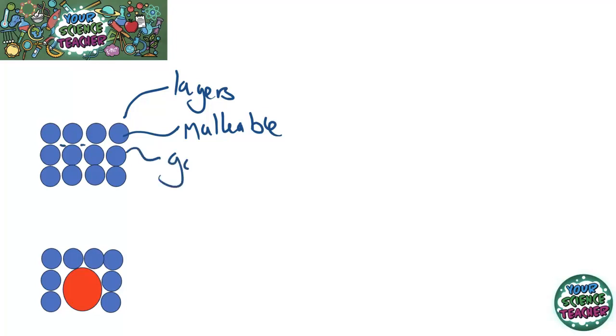And these positive ions are in layers, and this is what makes metals very malleable. The layers can slide over one another, and because of the fact they've got these delocalized electrons that can move freely through the structure, they make them really good conductors of electricity and heat as well.